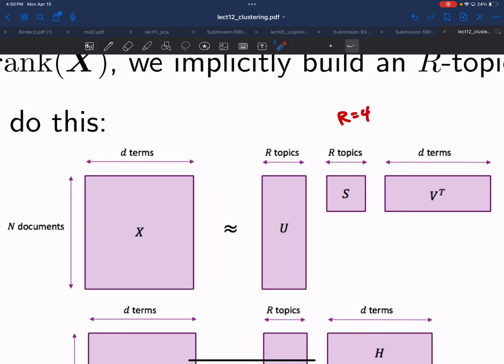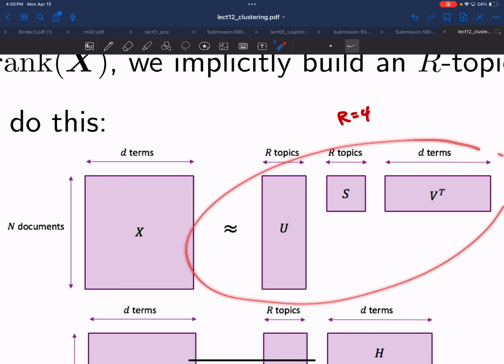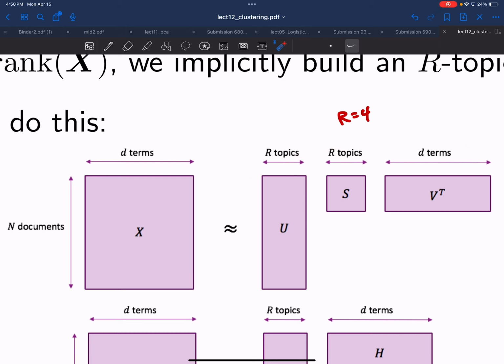And what is this thing that there's only 4 kinds of documents, only 4 kinds of terms? Those would essentially be the topics, right? Sort of forcing this approximation onto your data, saying there's only 4 ways you can make a document, there's only 4 ways you can make a term. So this is how we can connect PCA to clustering.